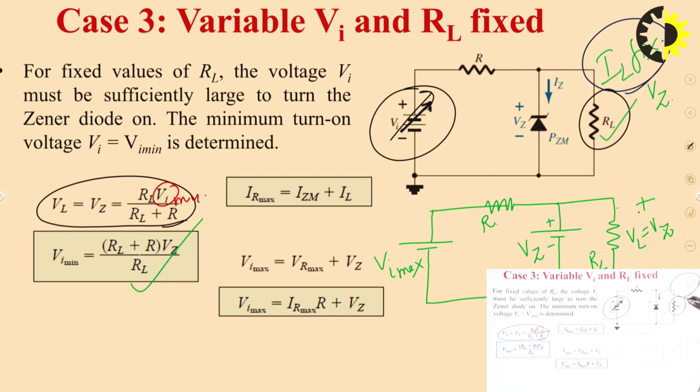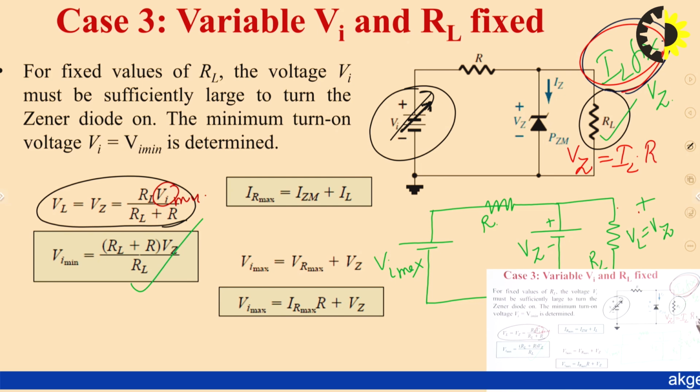If IL is fixed, then I can have the formula Vz is equal to IL into RL. From simple Ohm's law, we can write like this. So let's say this is IR, this is IL, and this is IZ.